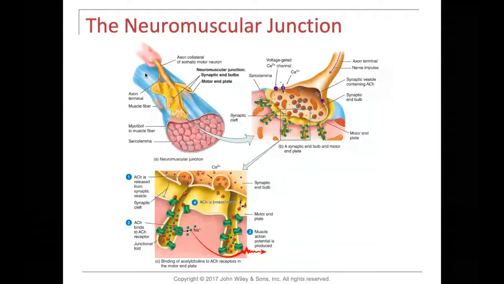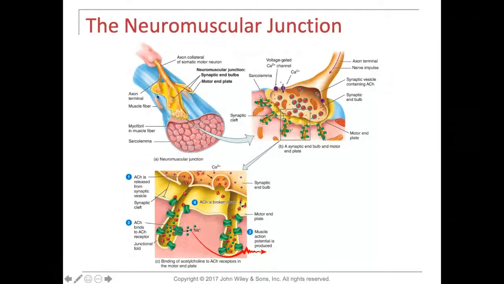So let's take a look here. We're going to get into some neurophysiology and muscle physiology. In this diagram on the upper left, we see a neuron, but this is the end of a neuron.